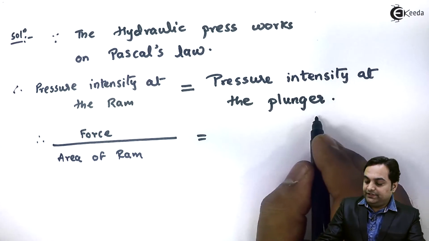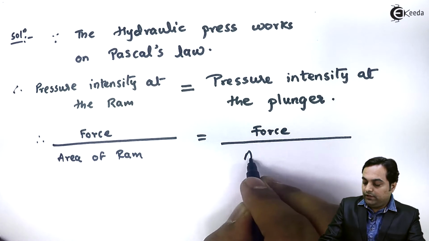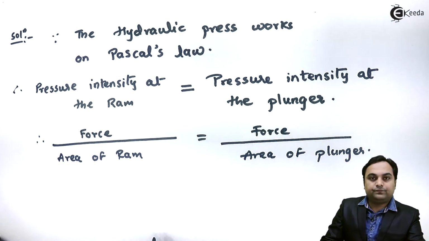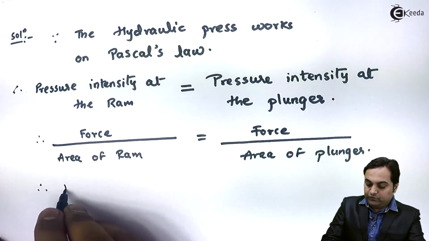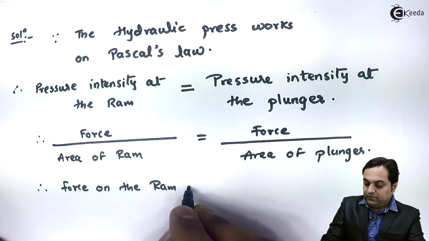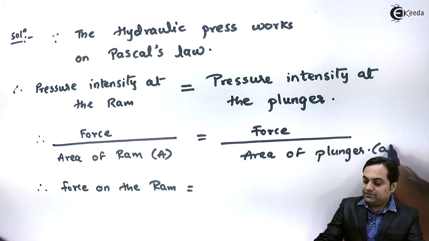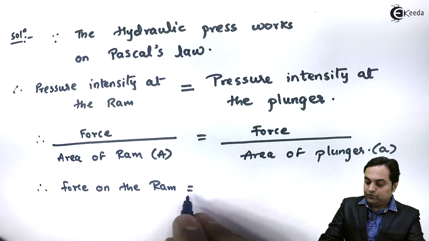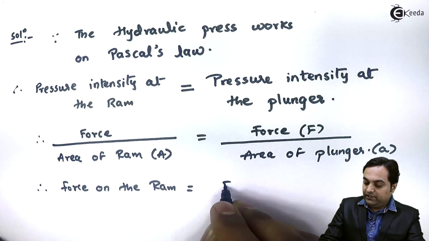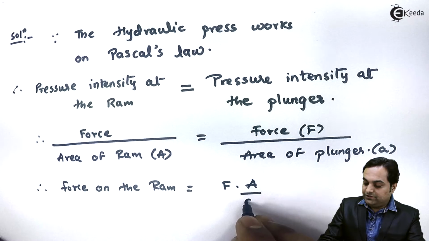Similarly, pressure intensity at the plunger will be force applied at the plunger upon area of plunger. Now, therefore, I'll keep force on the ram on one side, equal to area of ram, which I have denoted by capital A. Area of plunger is small a. So force on the ram will be equal to, here I'll denote force at the plunger by capital F, so capital F into capital A divided by area of the plunger, which is small a.